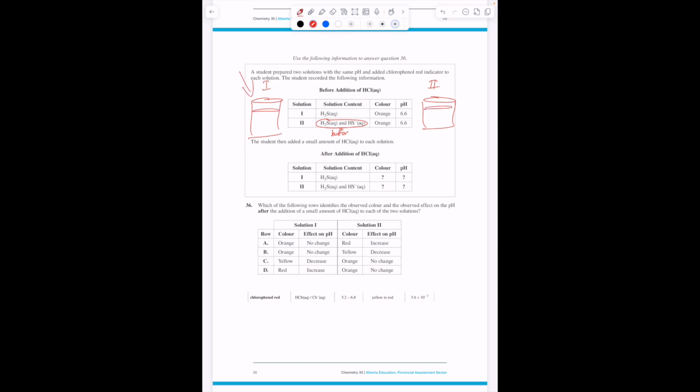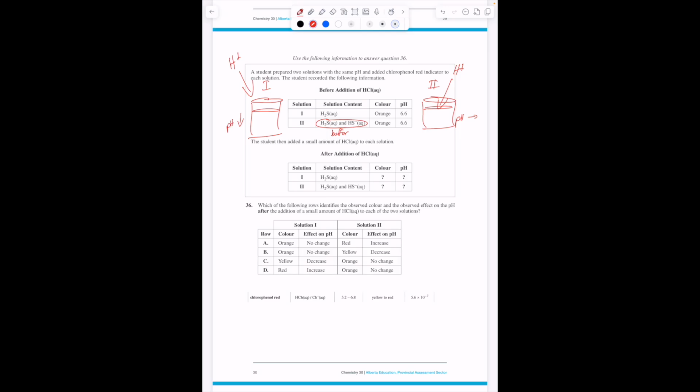When I add acid to solution 1, it's not a buffer, so the pH is going to drop. When I add acid to this one, it's a buffer, so the pH is going to be relatively stable.